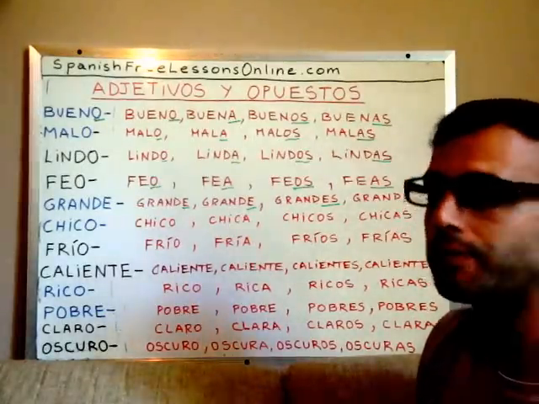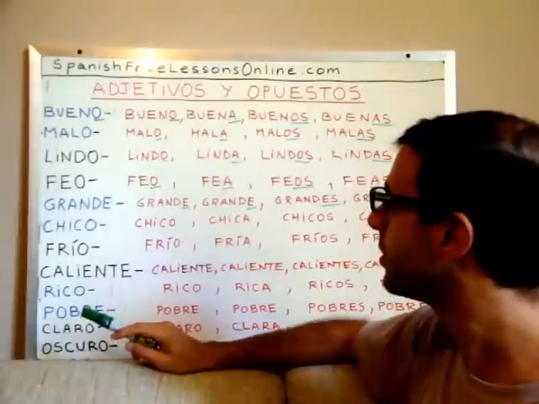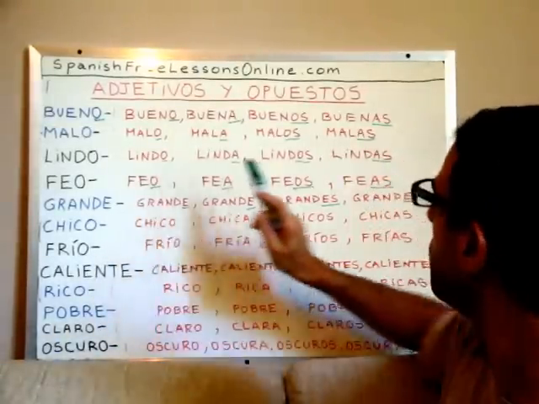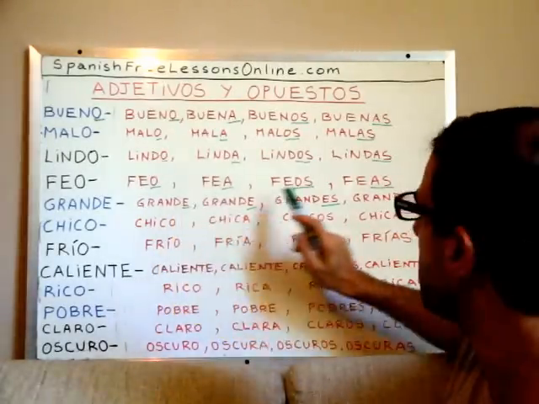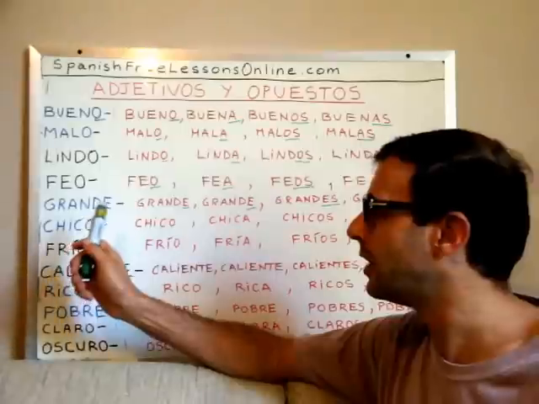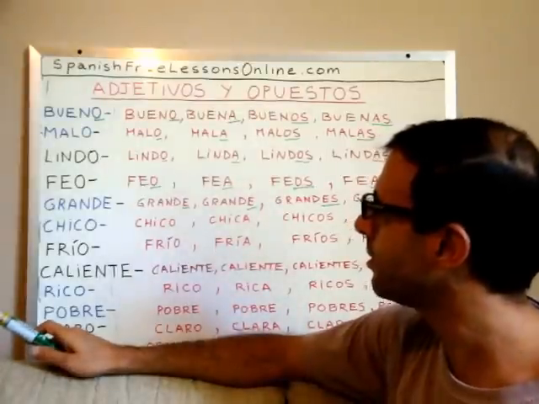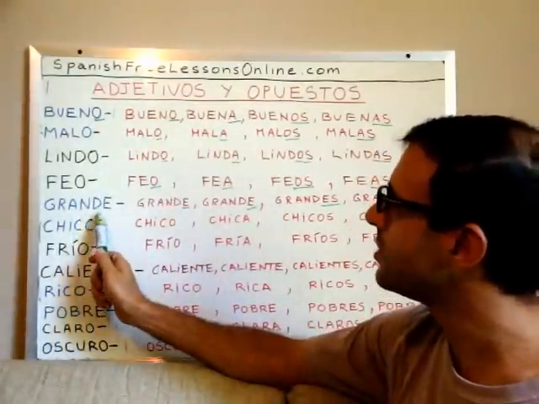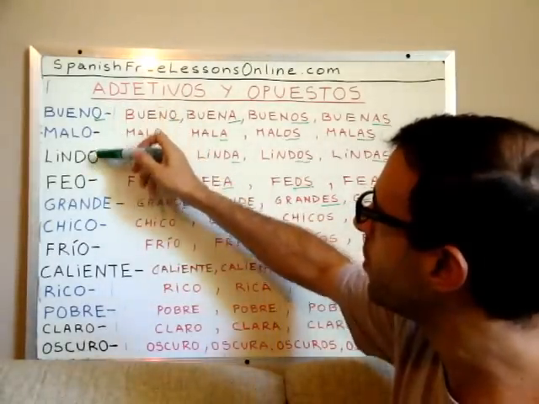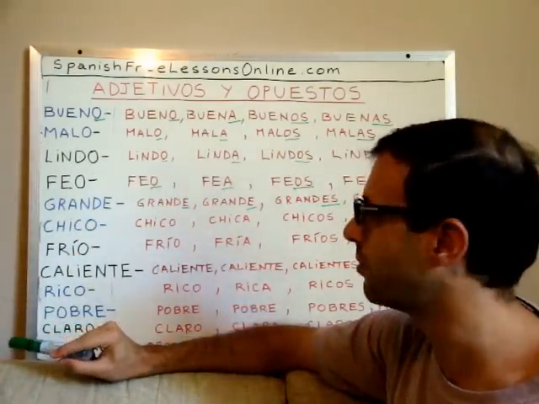Take a look at this. Here there is a differentiation whether the noun is singular or plural, right? Grande or grandes. But there is no differentiation whether the noun is feminine or masculine. That is because the adjective ends with E. It doesn't end in an O or A as the regular adjectives, right?